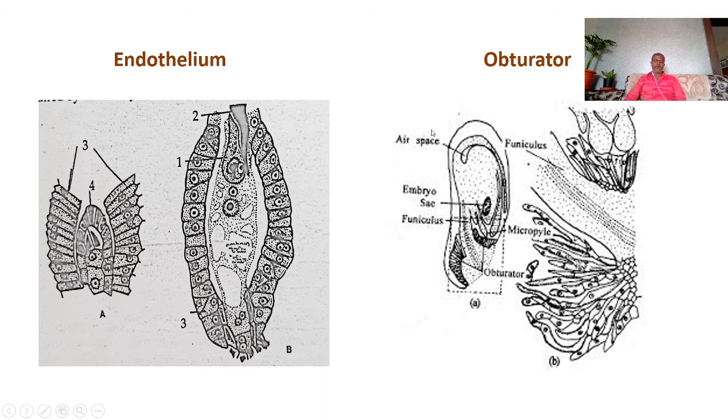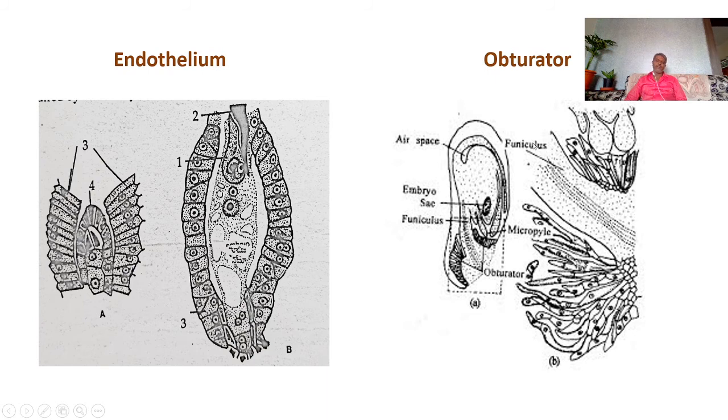Then one more structure which is present outside the ovule is the obturator. This is also very important, very important in view of the entrance examinations. This is the structure which guides the entry of the pollen tube into the embryo sac.